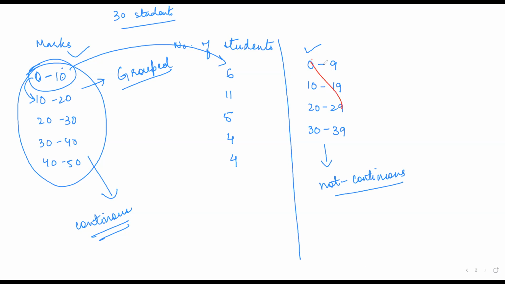I think I should take it like this, 1 to 9, okay. Then 10 to 19, then 20 to 29, then 30 to 39, then 40 to 49, and like that, right?